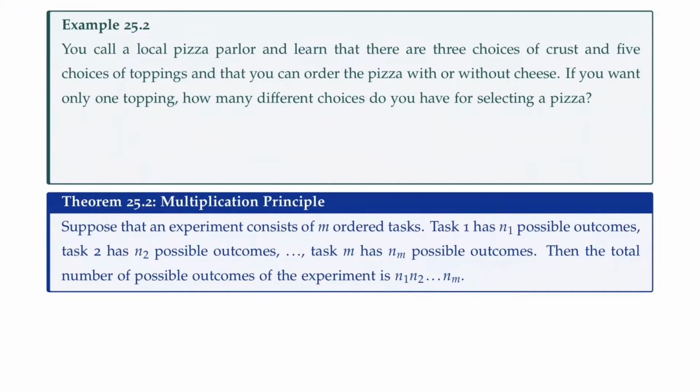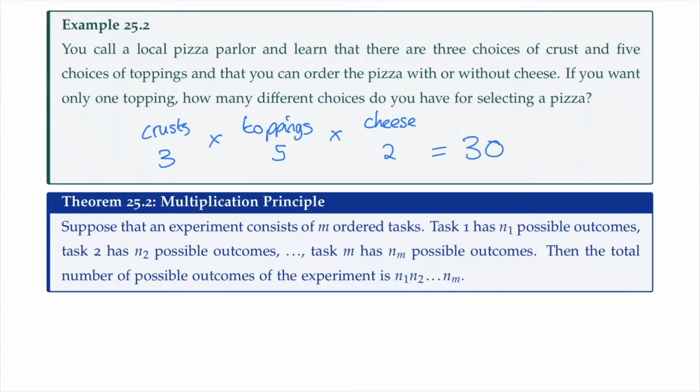So here we just need to write down how many different types of crusts, in this case 3, multiply it by the different toppings that we have. So there are 5 possible toppings, and we can have it with or without cheese. So there are just 2 options there. So 5, 3, and 2. Multiply these together, we get 30 possible outcomes.